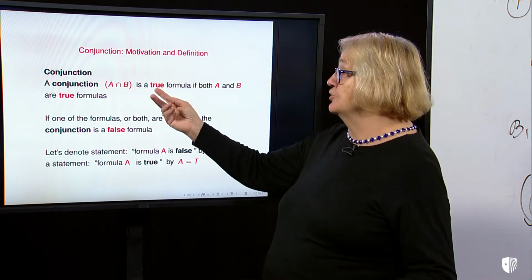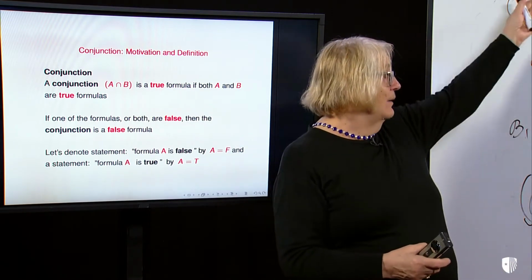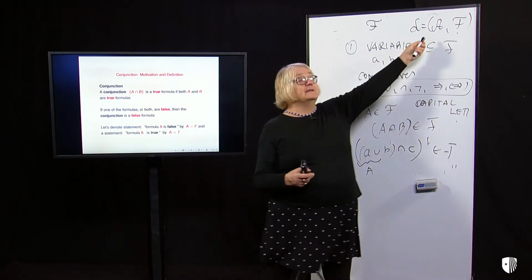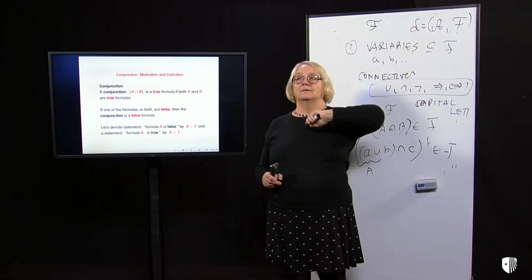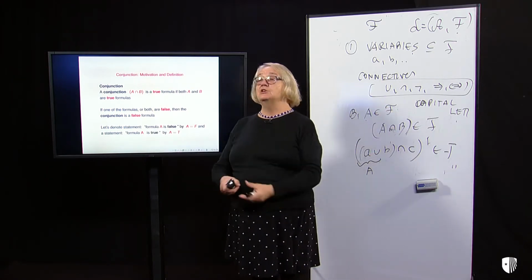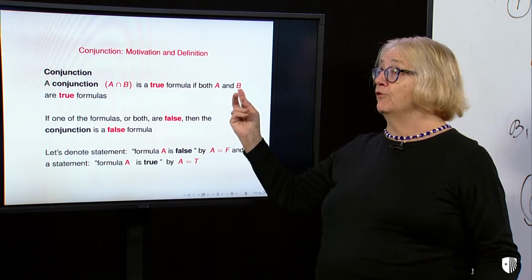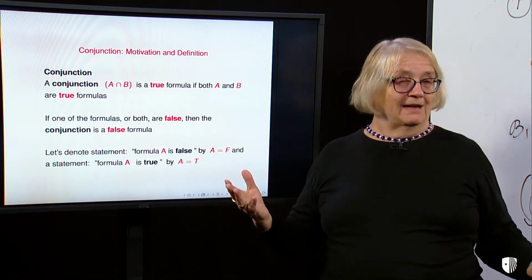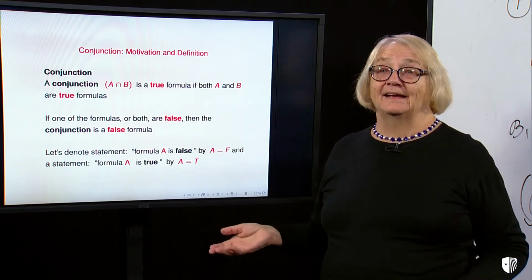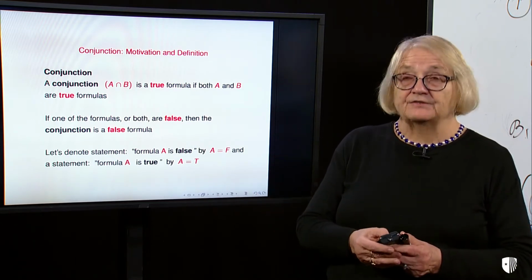Conjunction A and B is a formula, because now we are in our symbolic language. We say that a conjunction is true if both formulas are true. So if one of them is false, the conjunction is false.